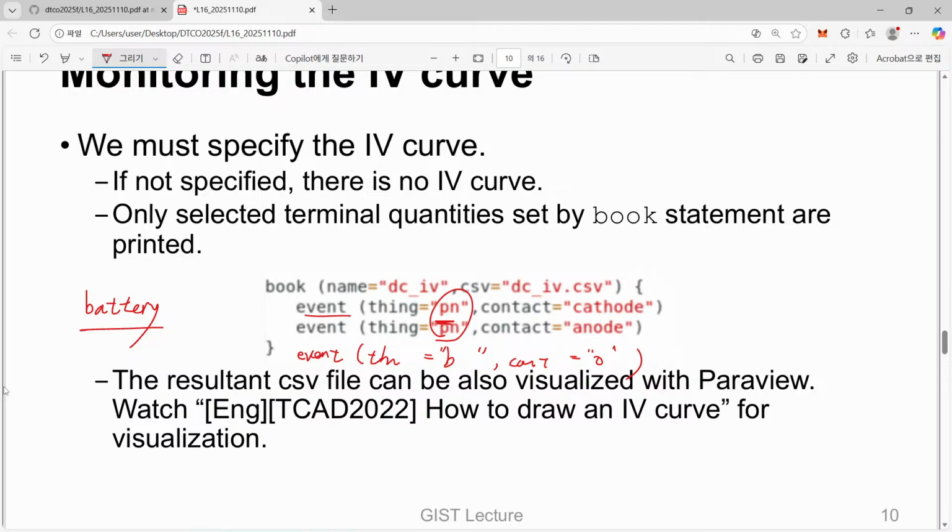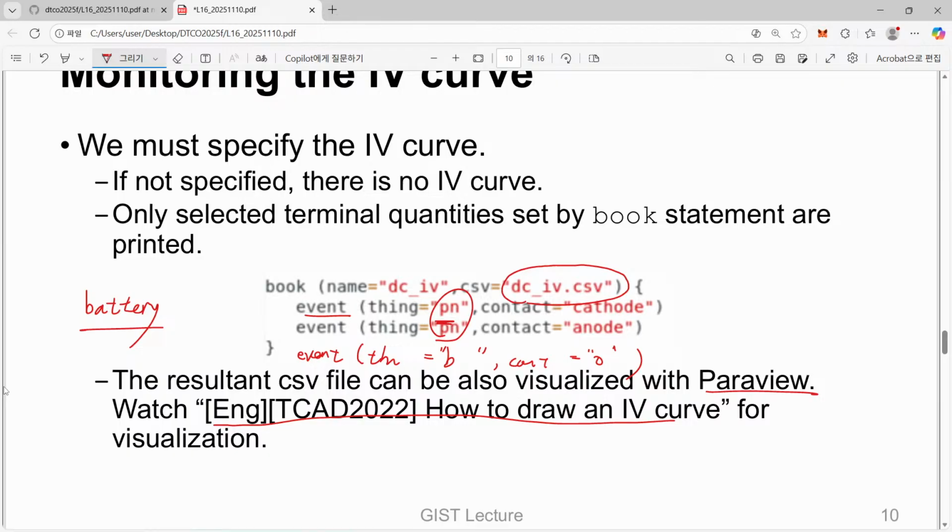Now you will have this DC_IV.csv file, and how can you visualize it? Also for its visualization we use the Paraview program. I have made another separate video clip, so please watch that one, because this is not related to volumetric information.